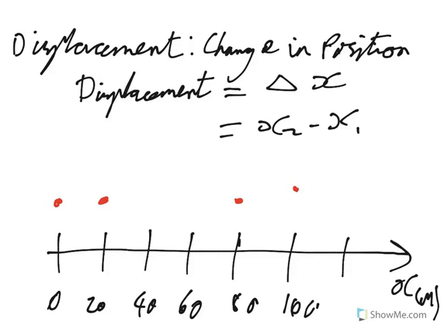So it might be here, and then maybe there. So the journey the object has gone, it's gone down here, and then it's come back. Alright, so it travels in that direction and then comes back in that direction.